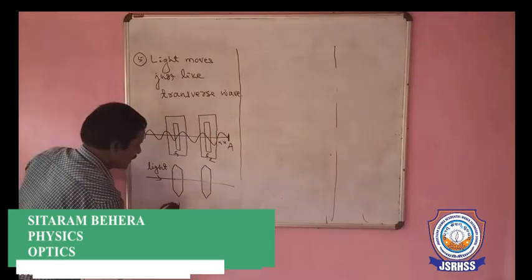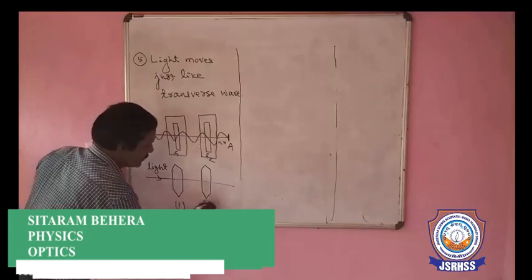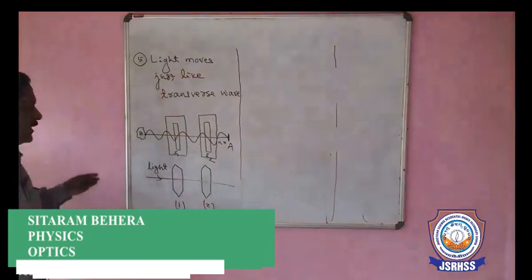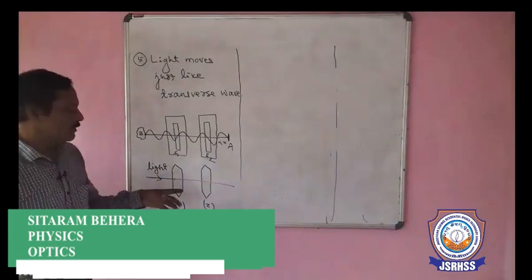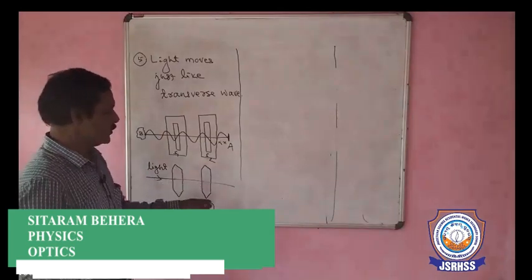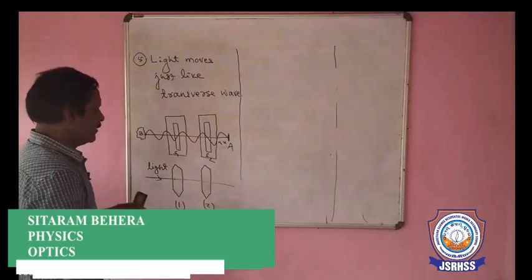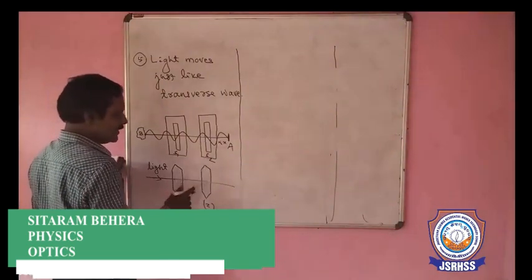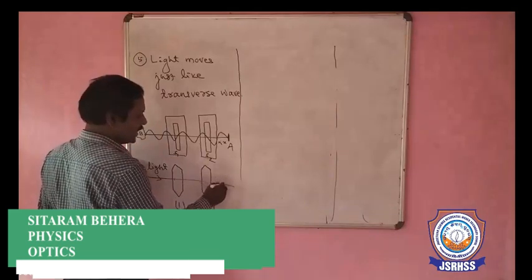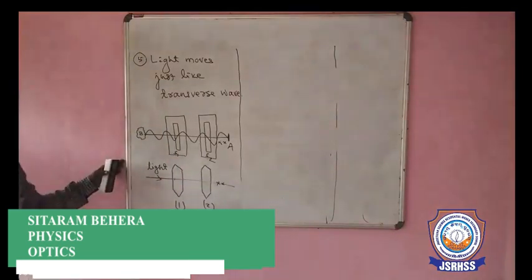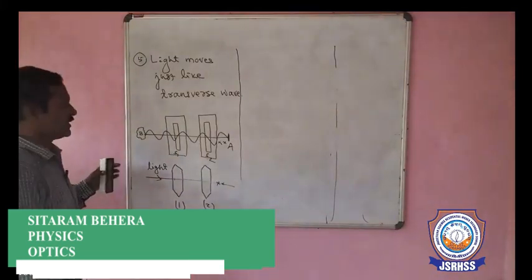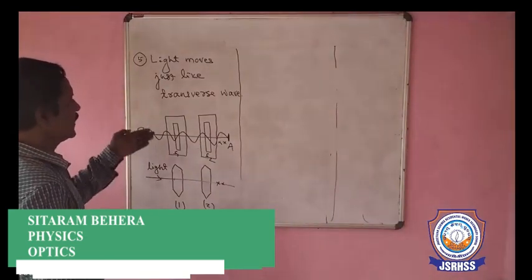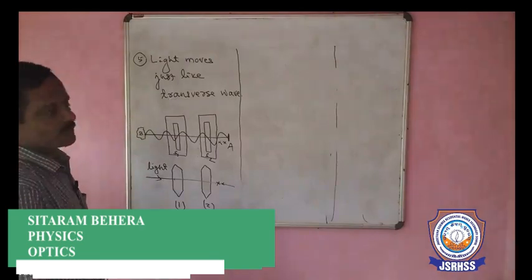Suppose this is your crystal 1, this is your crystal 2. These are two tourmaline crystals. Now light is allowed to fall upon it. So beyond crystal 2 we will get light. But if crystal 2 is rotated 90 degrees, then no light will come out of crystal 2. So the scientists thought that light is moving just like a transverse wave.